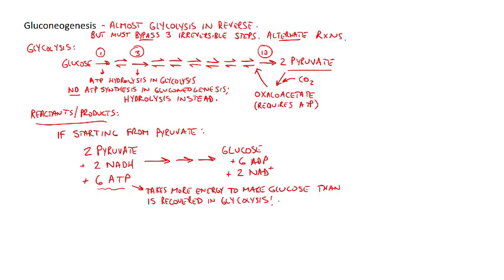Right? Glycolysis gets us 2 ATP, but it takes 6 ATP to do gluconeogenesis. And why is that? Well, that's because we have to do our bypass reactions. Because glycolysis is so favorable, we have to put energy into our system if we want to run it in reverse, using alternate reactions with ATP hydrolysis.